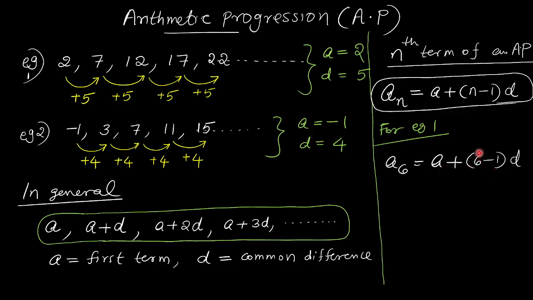All of you please listen. After this you can ask me doubts. a plus 6 minus 1 is 5, so 5d. Let me find the 6th term using the example, and I will verify my answer, just to understand the formula. So the 6th term is a plus 5d. a is the first term, and the first term is 2. 5 into d, the common difference is 5, right?